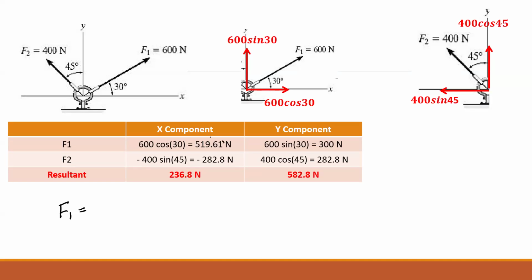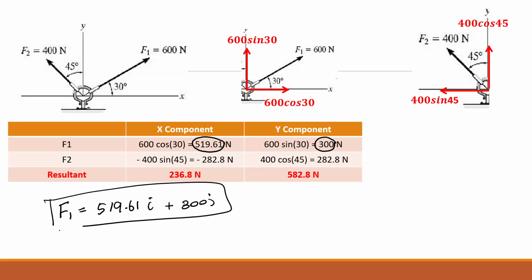So you can write F1 in Cartesian form as 519.61 i plus 300 j. Is that clear?